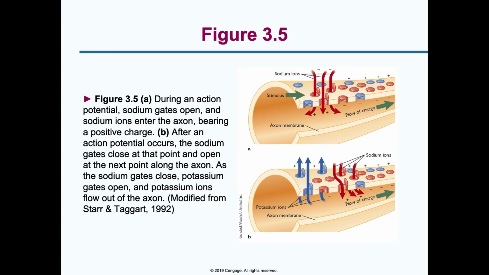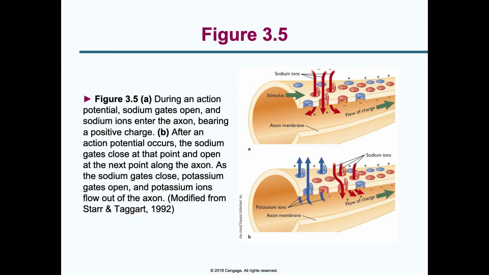Okay, this figure is actually a really good diagram to show you what happens during this action potential procedure. This is the flow of an axon, and do you see all the little gates, almost like opening and closing gates?